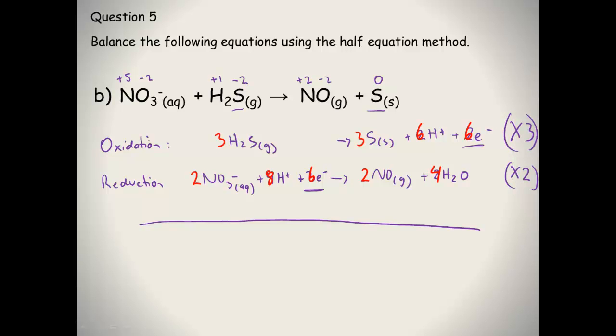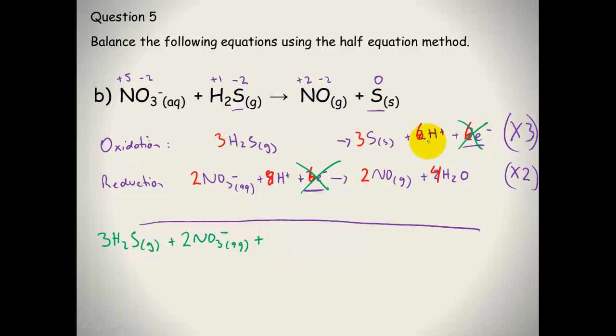Now that we've done that, I can cancel out my electrons and add those two half equations together. And here I can also decrease the number of hydrogens.